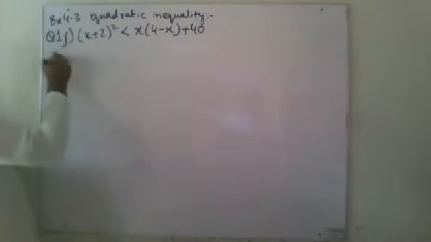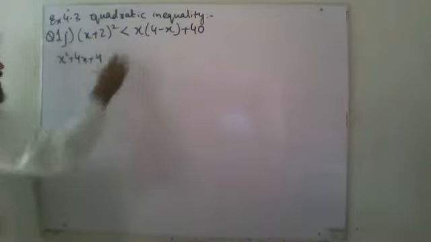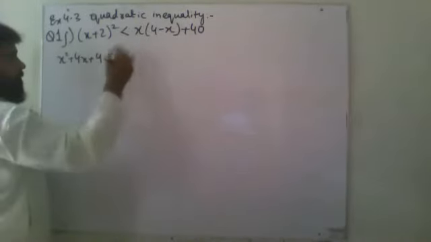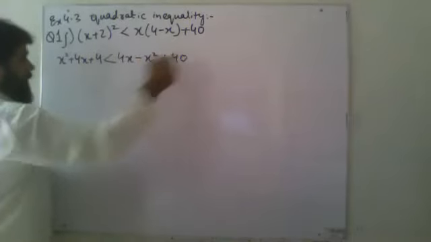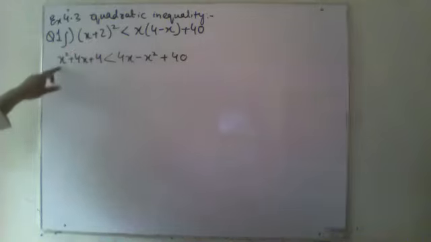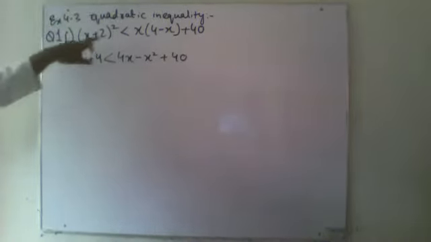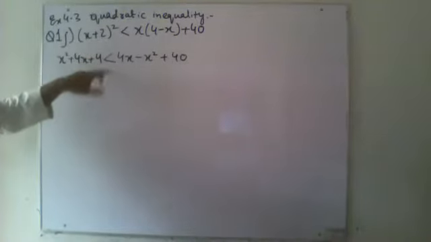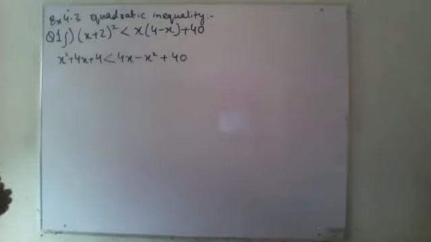So expanding this one, x square plus 4x plus 4, 4x minus x square plus 40. Okay, when I have expanded this one, this will be x square plus 2 into 4 into x plus 4 lesser than 4x minus x square plus 40.